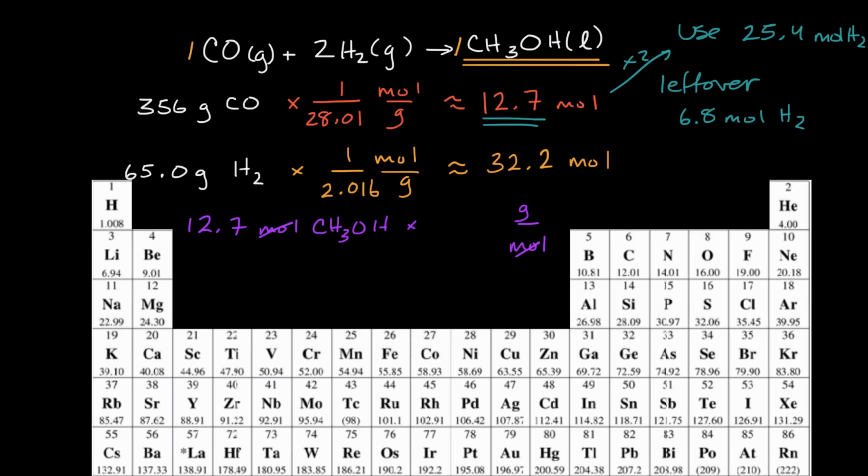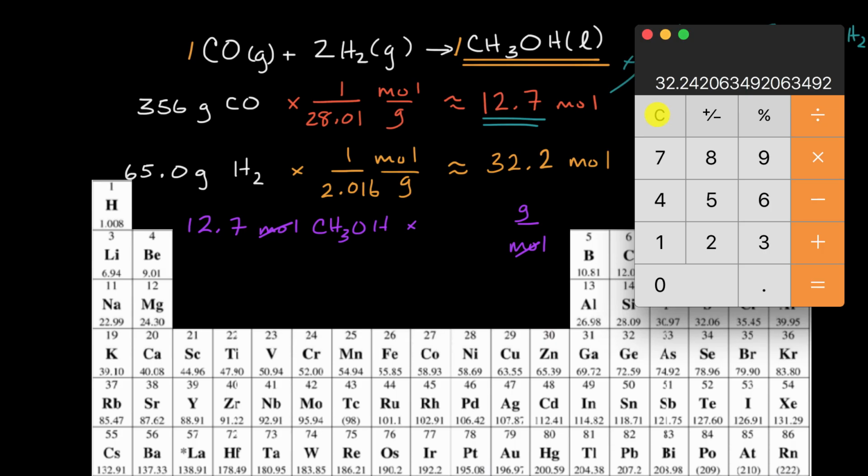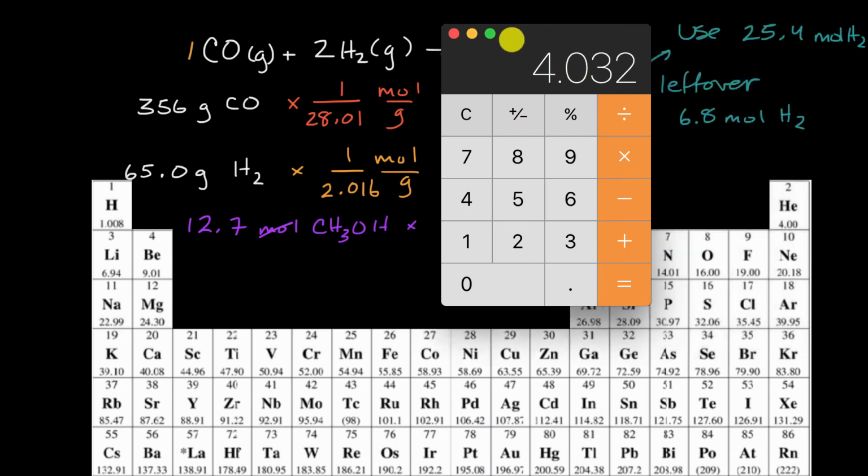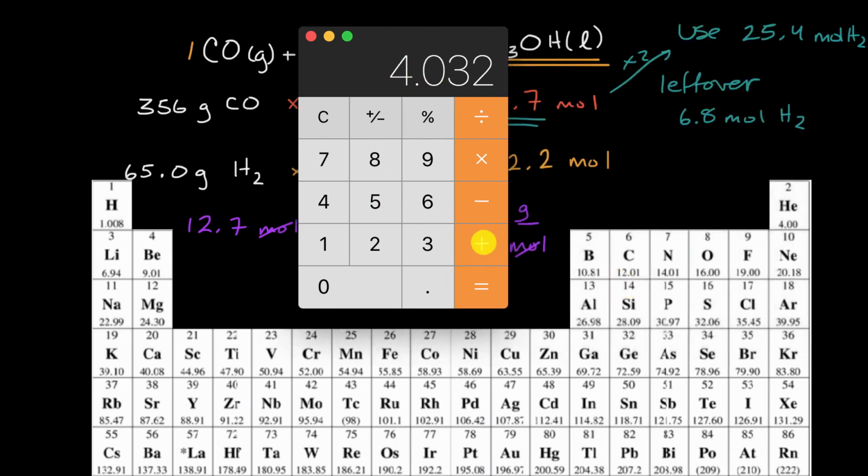And to figure out the molar mass of methanol, we'll get our calculator out again. So we have 4 hydrogens here. So 4 times 1.008 is going to be that. And then to that, we're going to add the molar mass of carbon, because we have 1 carbon, plus 12.01, and then plus 1 oxygen in that methanol molecule is equal to that.